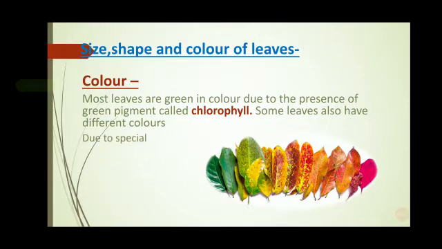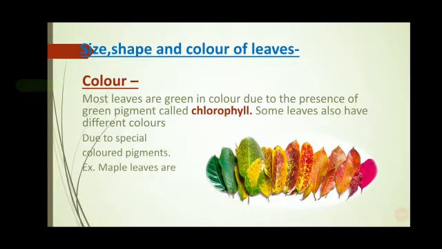Some leaves also have different color due to special colored pigment. So students, basically the green color of the leaves is because of the presence of green pigment which is called chlorophyll, and some leaves are in different colors such as pink, yellow or red. They are because of the special colored pigment.